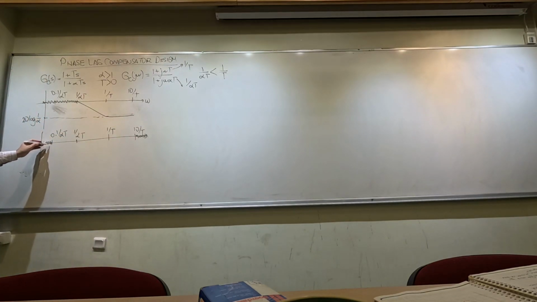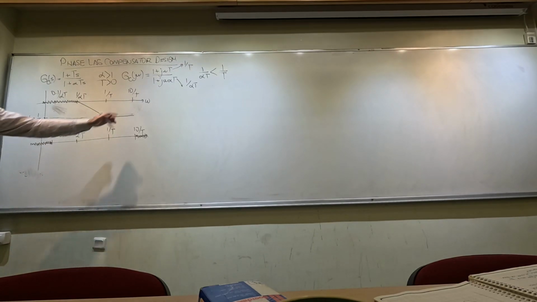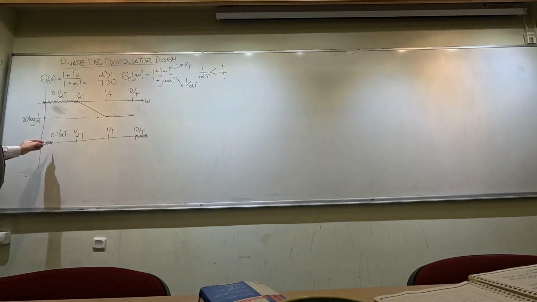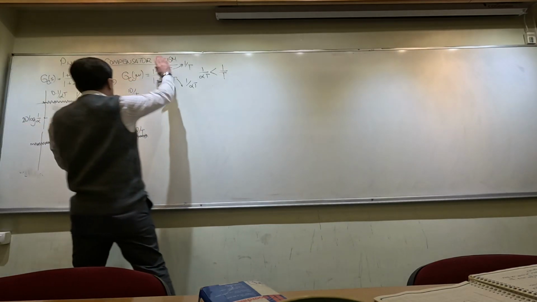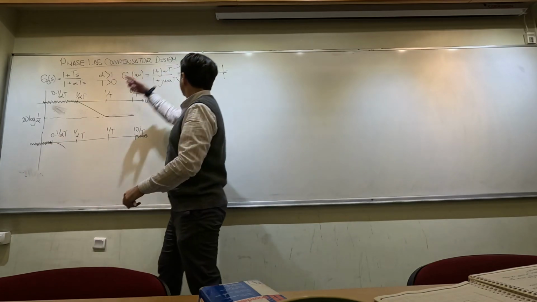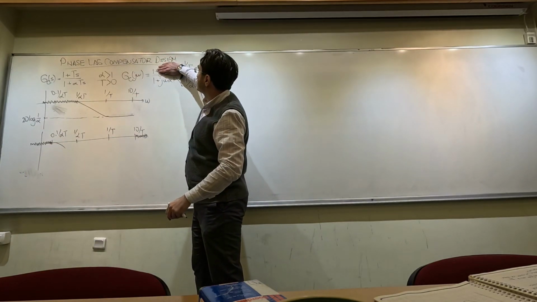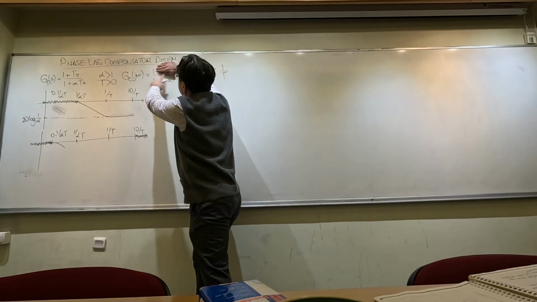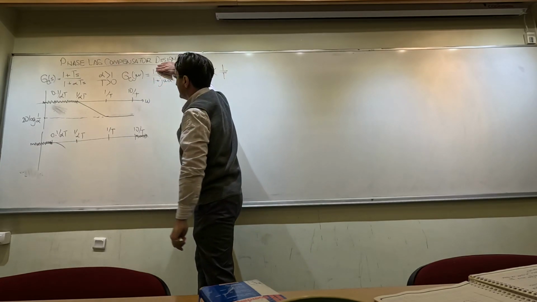In between, first I'm going to hit the corner frequency of the denominator. That actually means that the phase is going to start becoming negative, because for these frequencies we have the numerator approximately equal to 1, but the phase of this thing is going to start increasing.